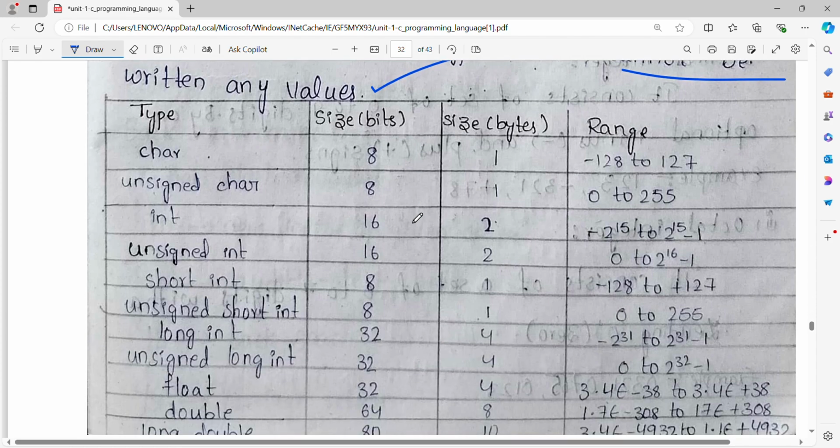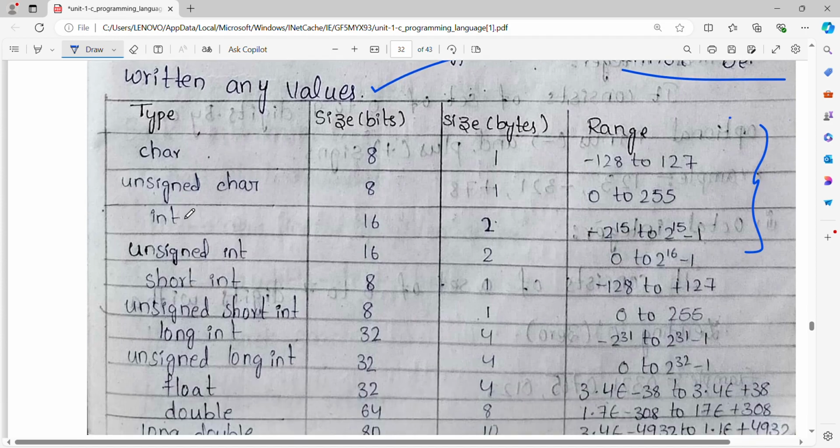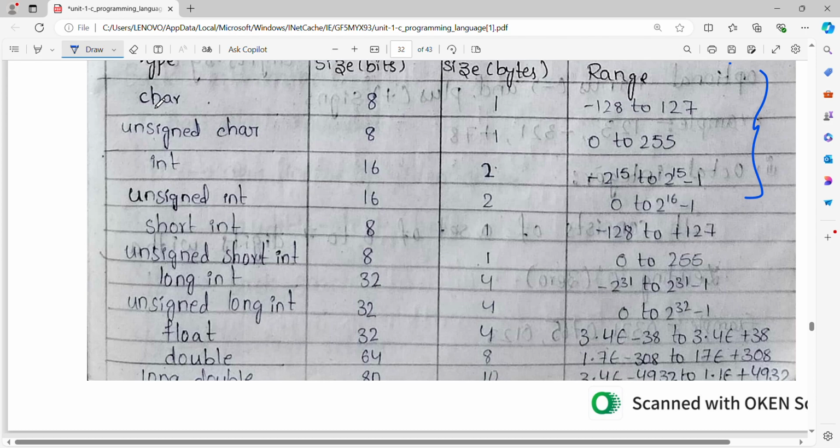So according to data types, these tables are important. These are the tables from lower data type to higher data type: char, signed char, int, unsigned int, signed int, short int, unsigned short int, long int, unsigned long int, float, double, long double.